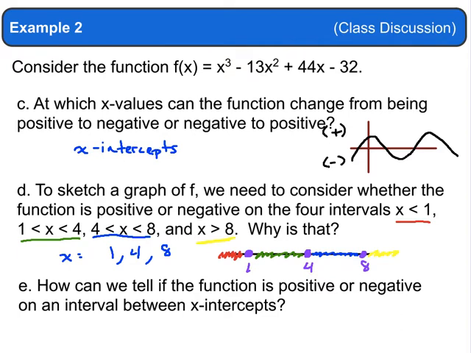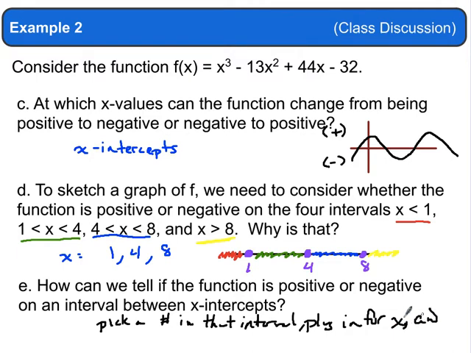So E asks, how can we tell the function is positive or negative in between these x-intercepts? Well, we can pick a number in that interval, plug in for x, and get a positive or negative y value.